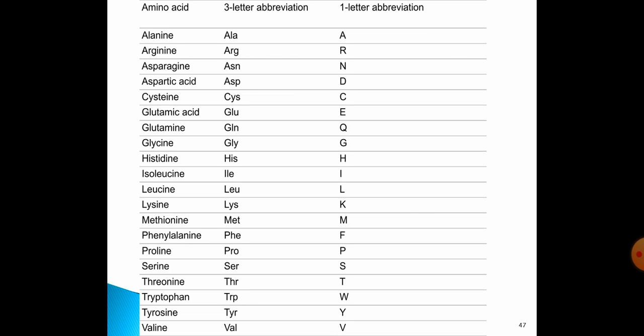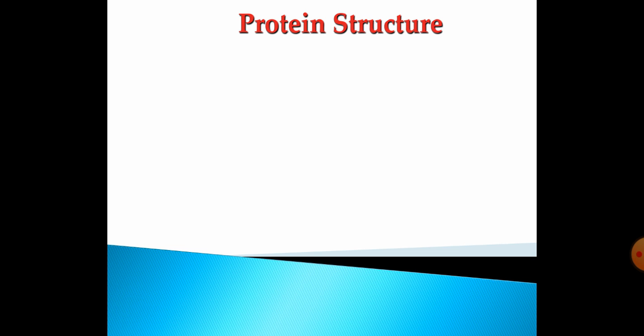For example, if we take the DNA sequence for a protein, for example insulin, and we know the sequence of nucleotides, AATCC for example, and after that we translate it to amino acids, we use the single letters first: A, R, N, D, for example. You should try to memorize this. This is the first important point.